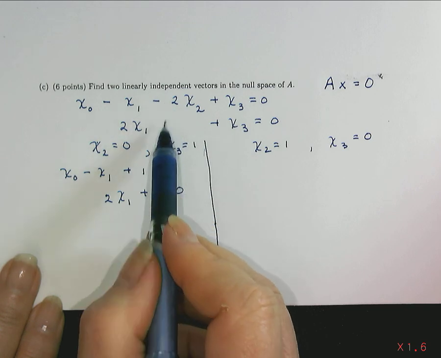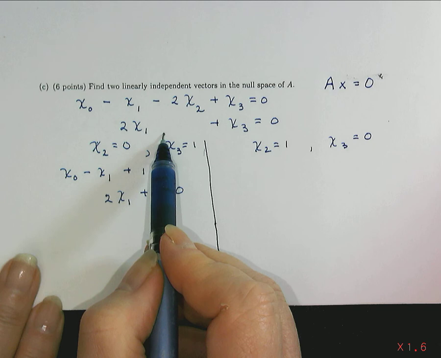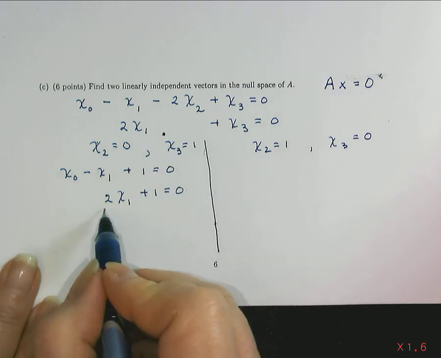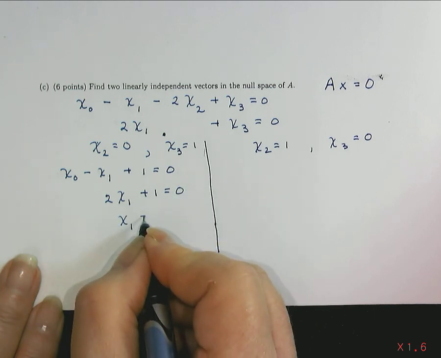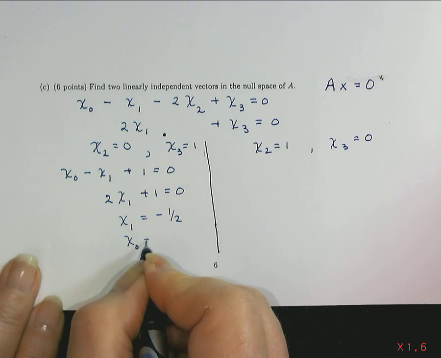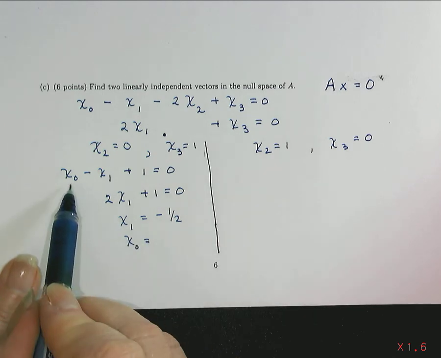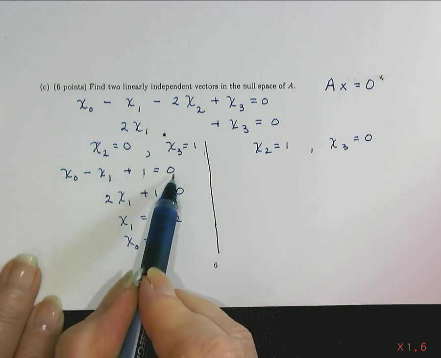If we substituted a 0 for chi 2 and a 1 for chi 3 into my equations, we find by backward substitution that chi sub 1 must be negative 1/2, and chi sub 0 would have to be, well, let's see, chi sub 0 minus a negative 1/2 plus 1 has to be equal to 0.